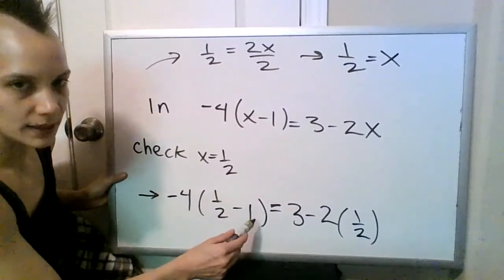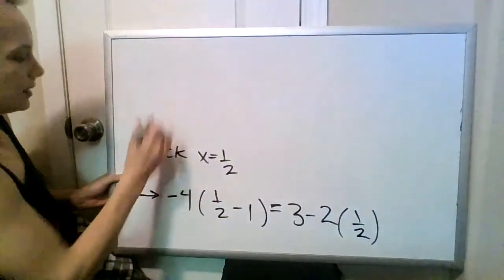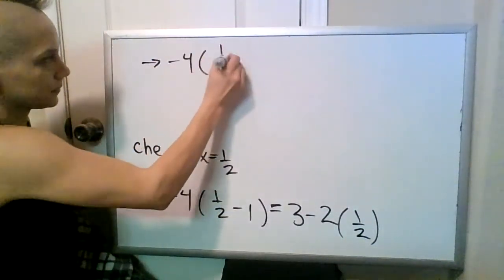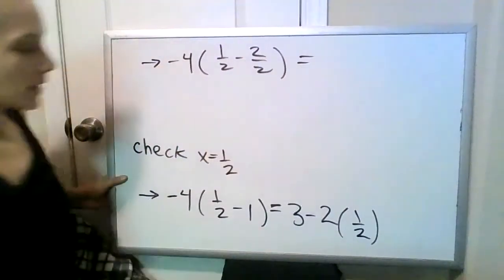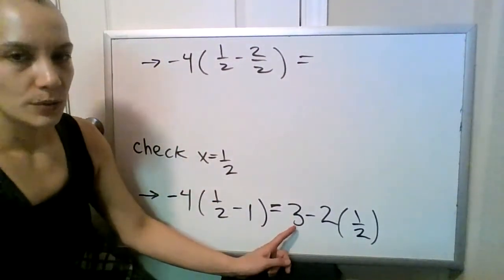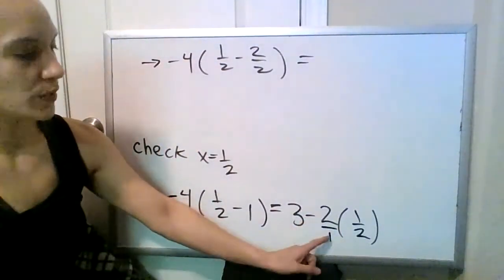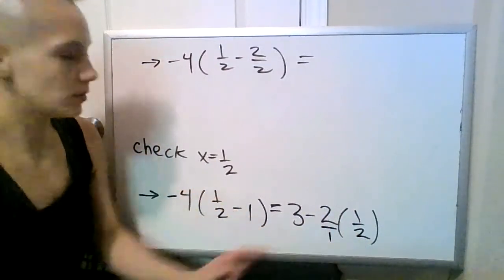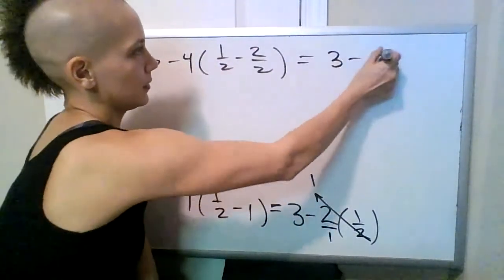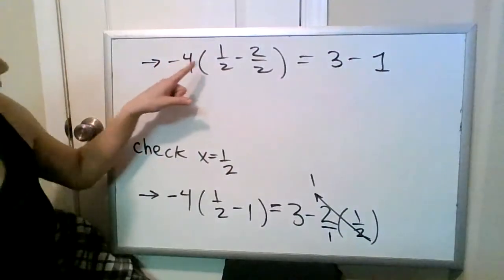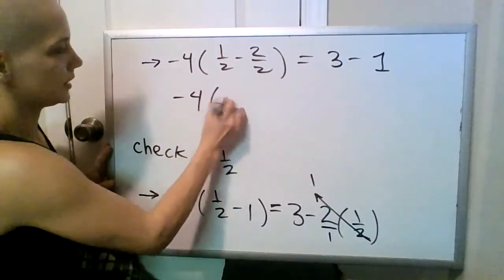Okay, 1/2 minus 1. For the other side, let's take care of 3 minus 2/1 times 1/2. So that 2/2 cancels or reduces to 1. This is -1/2 inside the parentheses.